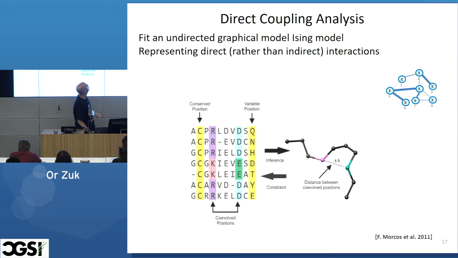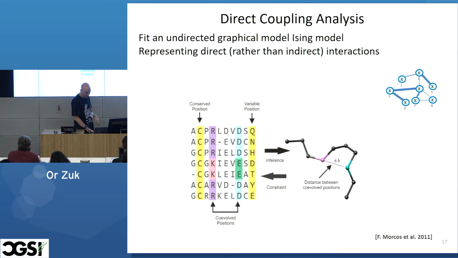Now there is a similar method called direct coupling analysis that was published roughly at the same time, 2011. Due to time, I will not describe it, but I'll tell you just the main difference. PSICOV takes its motivation from Gaussian random variables, even though in our problems the random variables are not Gaussian, they're binary.